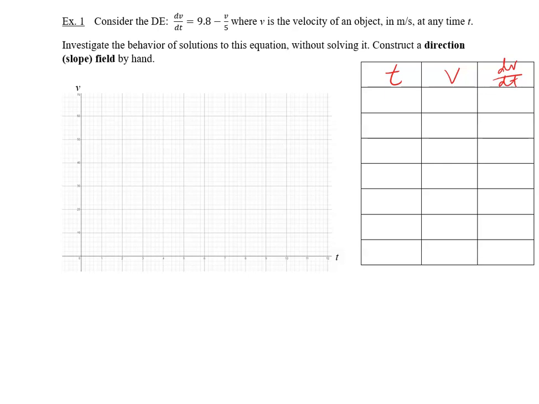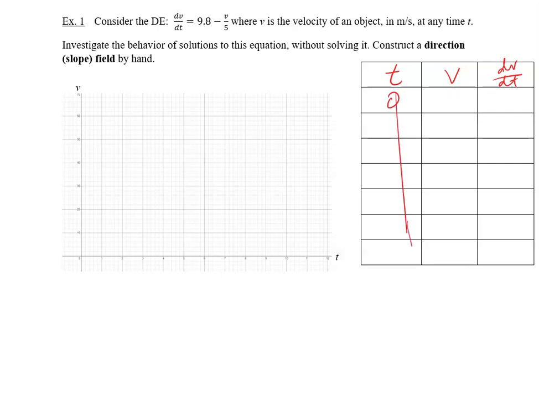Now, one thing I hope you notice is that the slopes for this particular differential equation are only based on v. In other words, it does not matter what t is because t is not part of the differential equation. So really in this example, the t is not necessary. It's not going to affect the slopes. I started out by putting 0 here, and then, oh, well, it doesn't really matter.